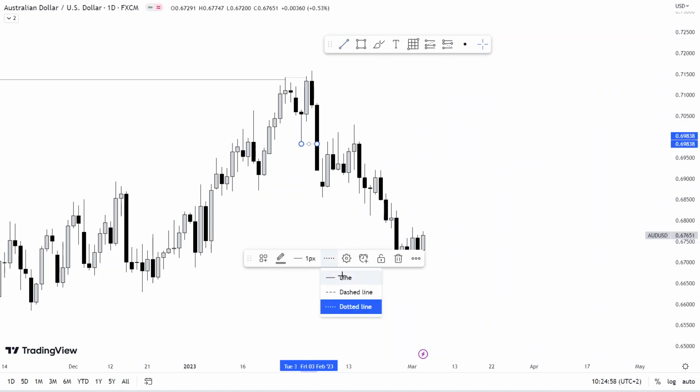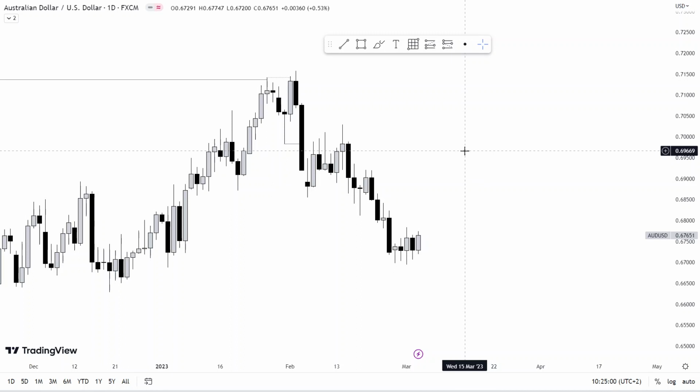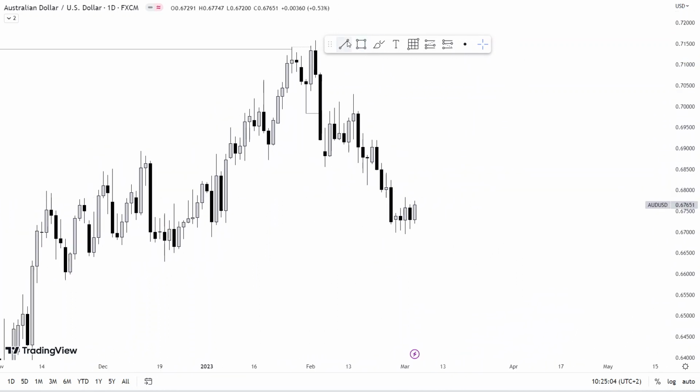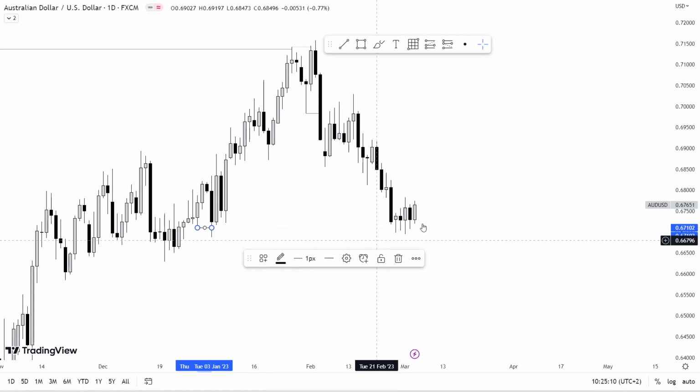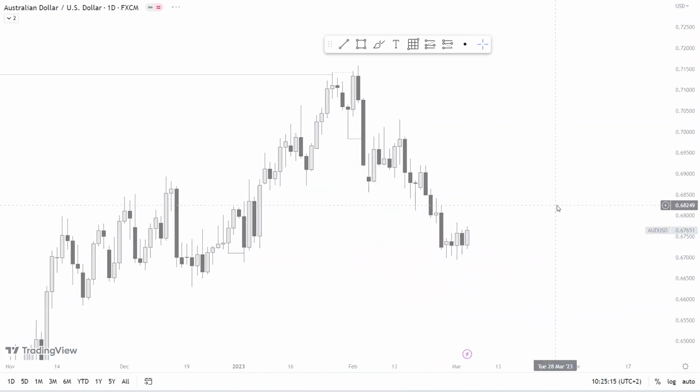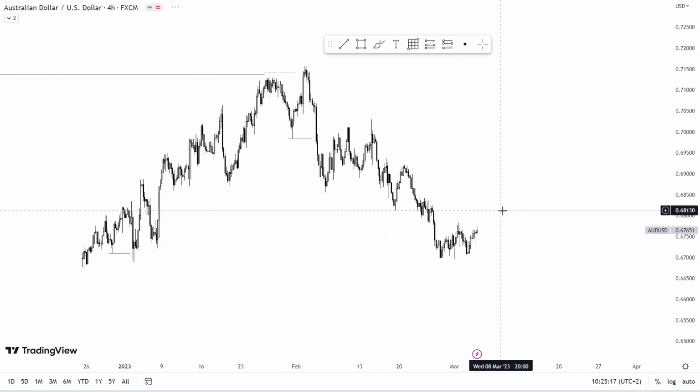Remember that we are looking for sells, but we won't focus only on sells. Lower time frames will actually make it easier for us to see.